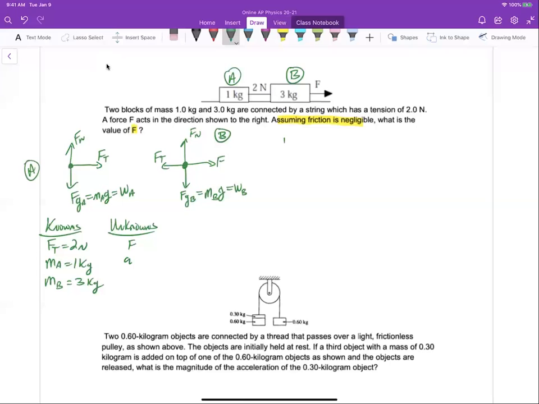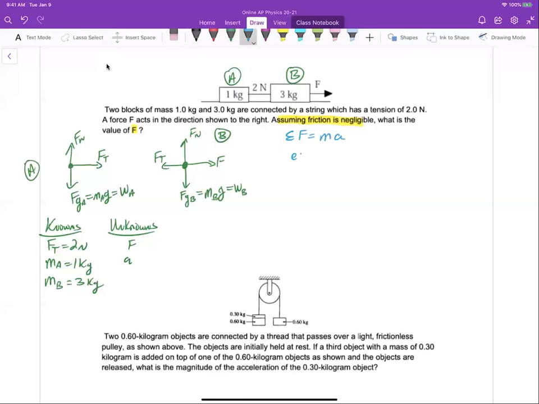So I'm going to apply Newton's second law, which says the sum of the forces is equal to mass times acceleration. I'm going to do that for each object.